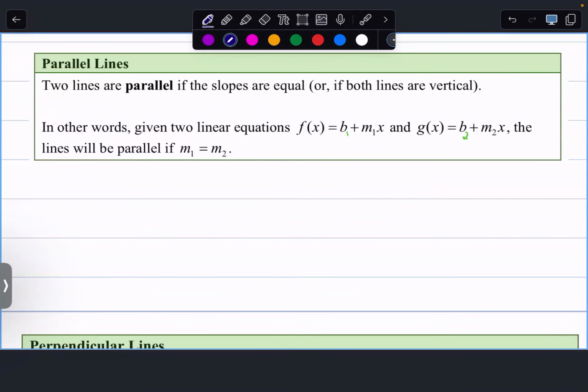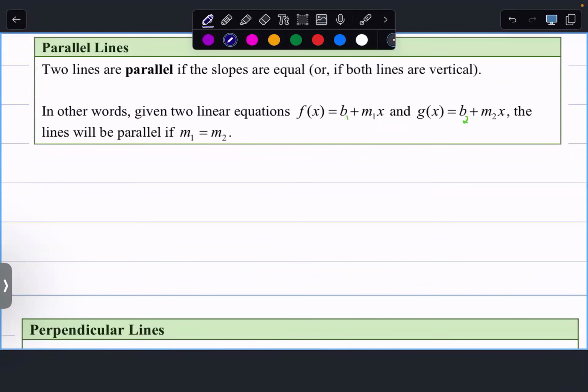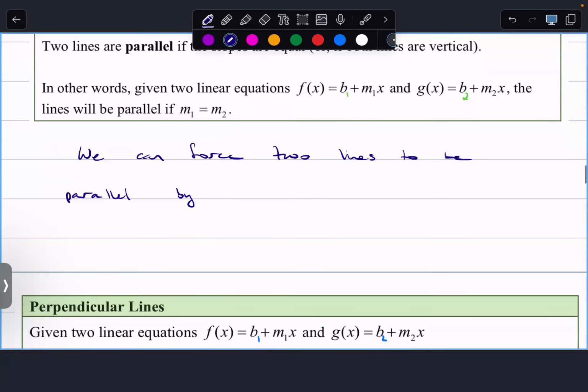Okay, so what was I gonna put here? We can force 2 lines to be parallel by forcing them to have the same slope.